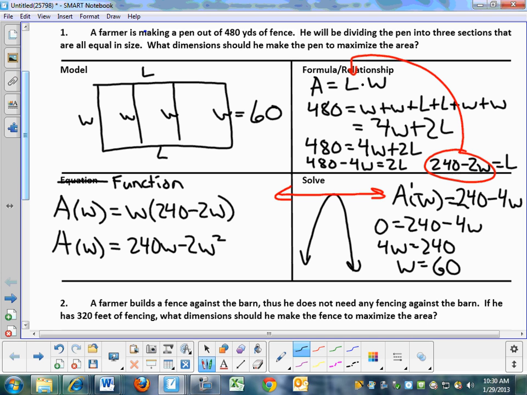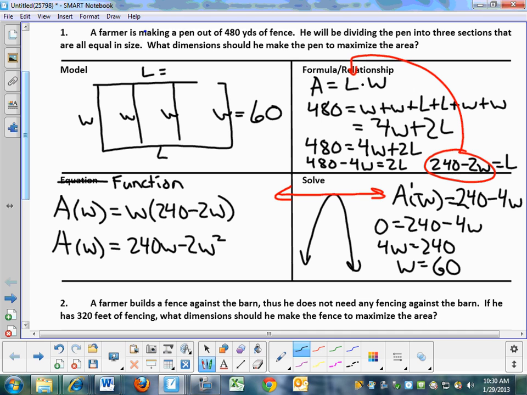480 divided by 60, which is 80? Oh, no, no. Yeah, you're right. Not 480 divided by 60. We have to plug it back into here. I'm sorry, Mark.